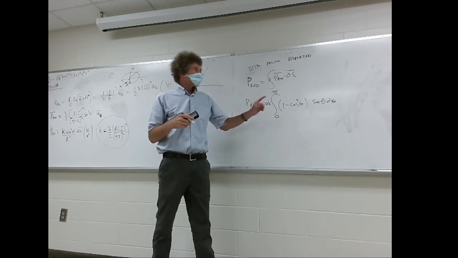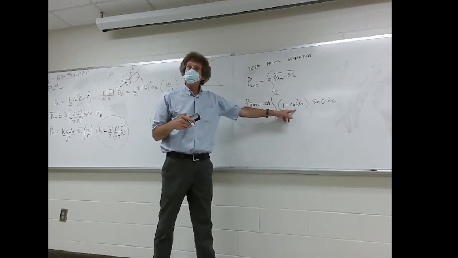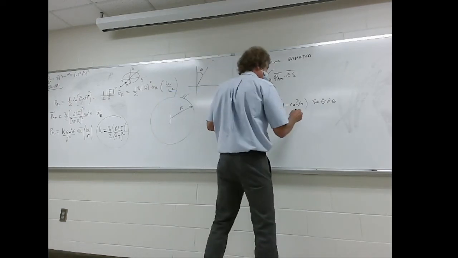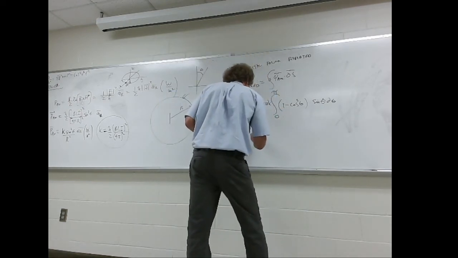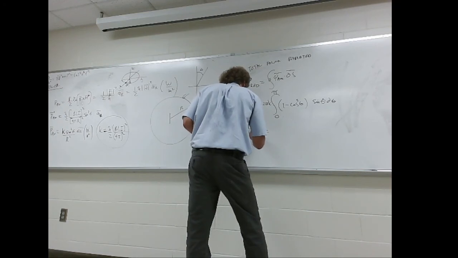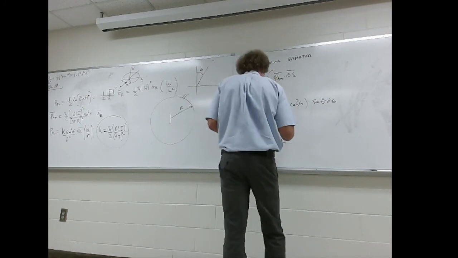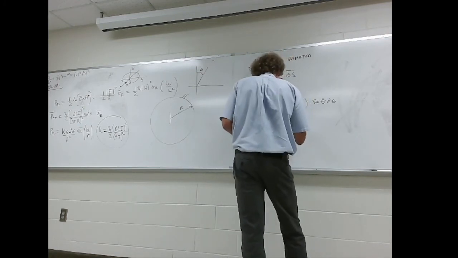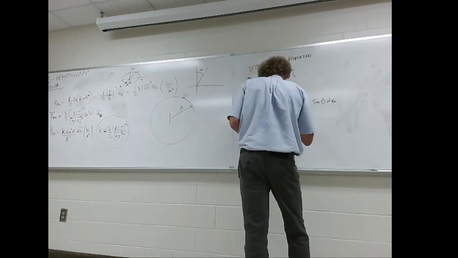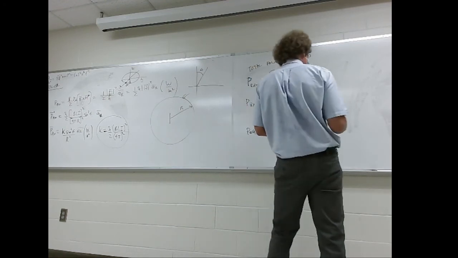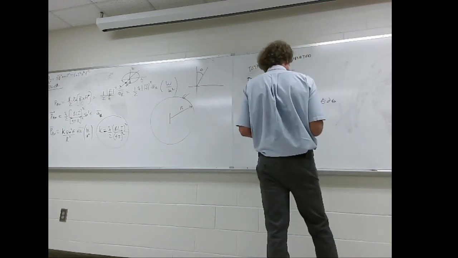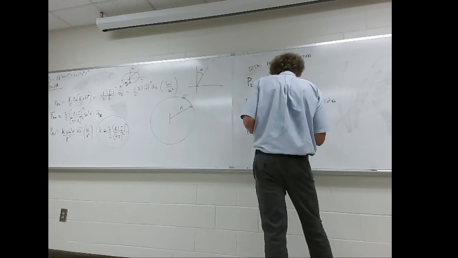Now what I'm going to do is replace the cosine with u. Okay? You follow me, everyone? I gotta make sure, right? So maybe I'll put it right below here. So this integral for p rad is going to be equal to 2 pi k, and then in front of here, now I have the integral from 0 to pi of sine theta d theta. I can do it that way.